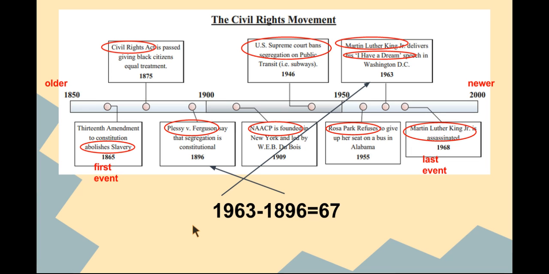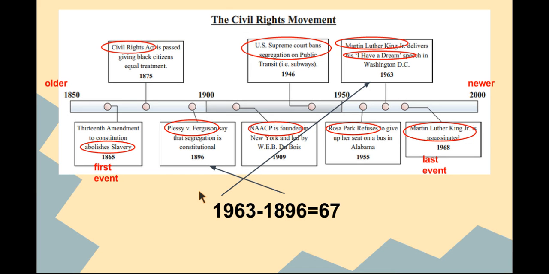First, I look at the newest number of the two events, which is 1963. Then I look at the oldest date, which is 1896, and I subtract. So I have 1963 take away 1896 equals 67. So 67 years passed between Plessy versus Ferguson and the I Have a Dream speech.